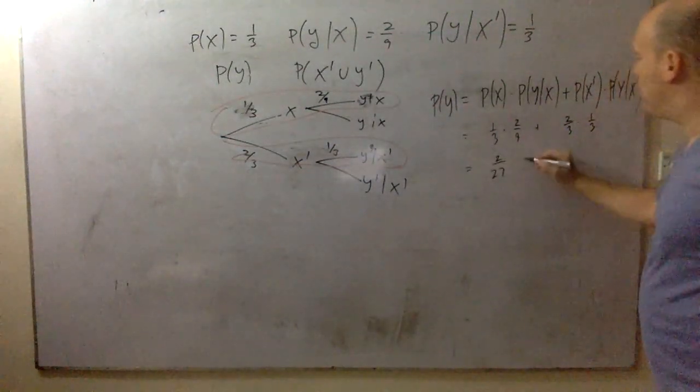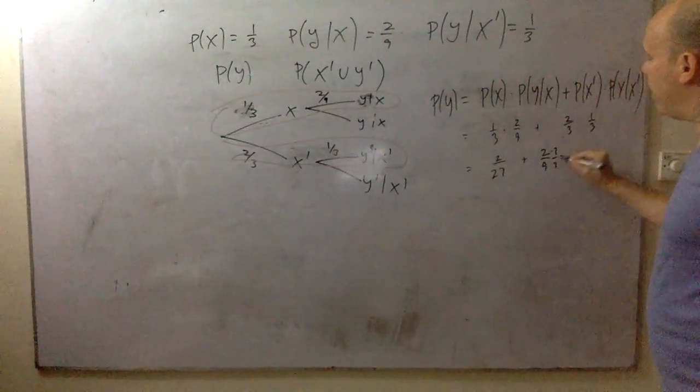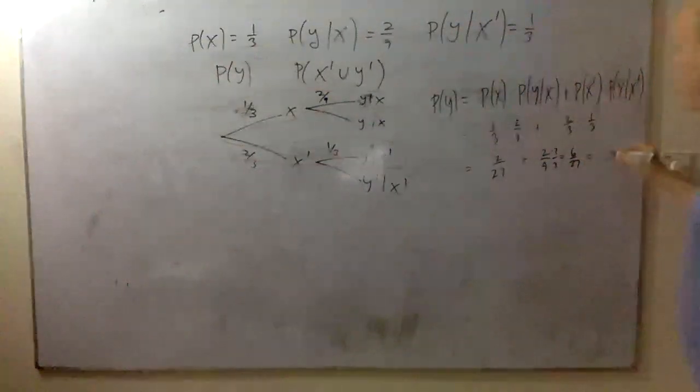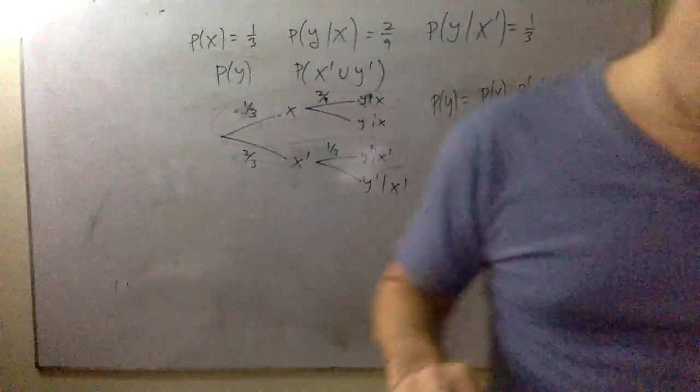So we have 2/27 plus 2/9. Let's multiply this by 3/3 to get 6/27, and we have 8/27. Is that right?